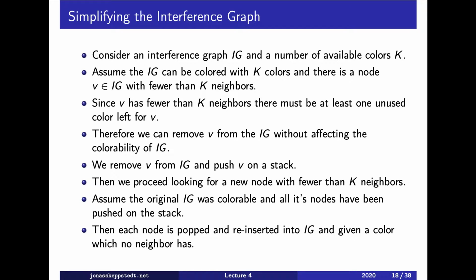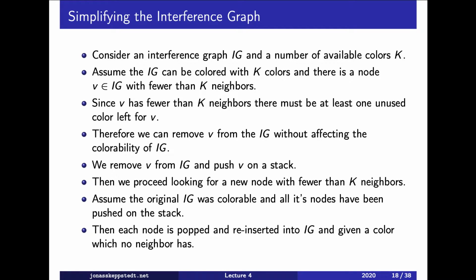Okay, so why are such nodes important? Well, that node can be removed from the interference graph and the coloring can proceed. And then when the rest of the interference graph has been colored, we can put the removed node back.